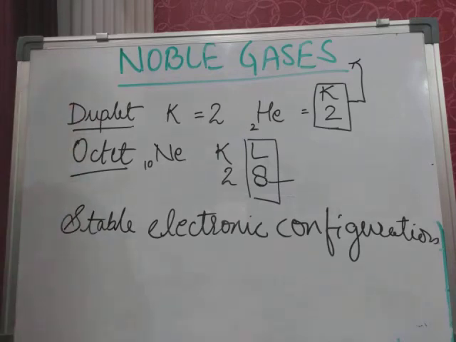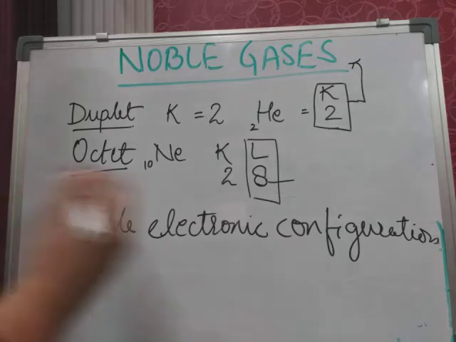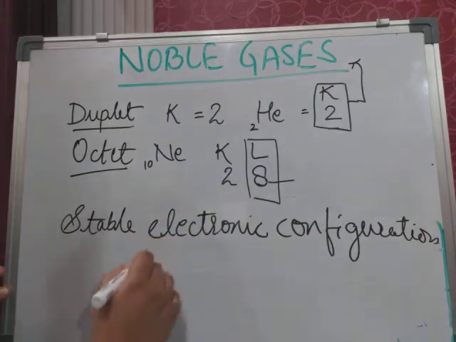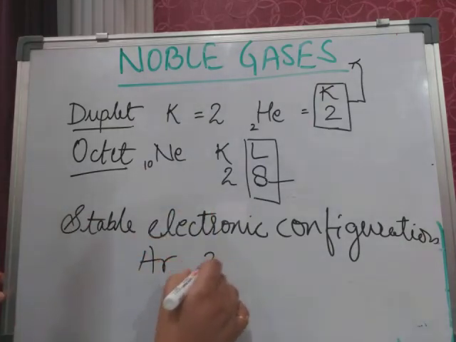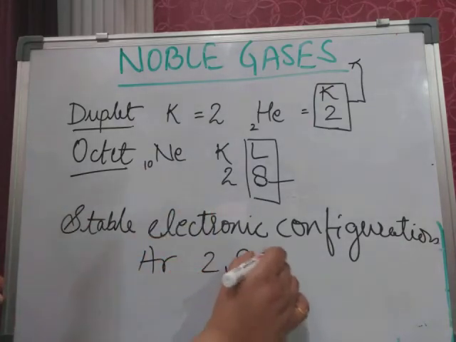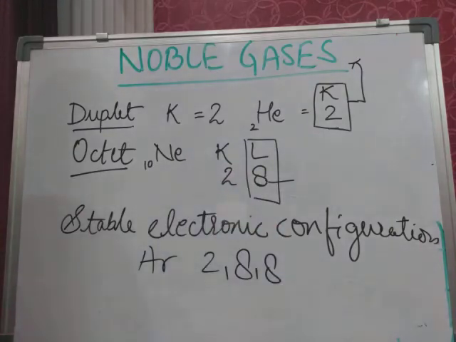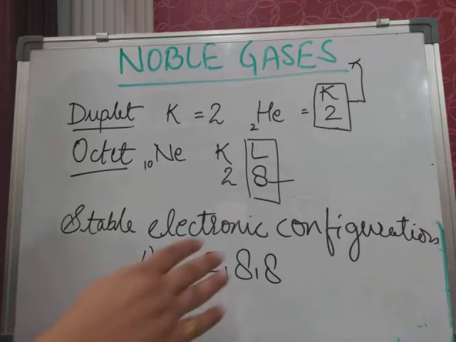Like argon, it has electronic configuration 2,8,8. All the noble gases, argon, krypton, xenon, radon, they all have their octet complete.